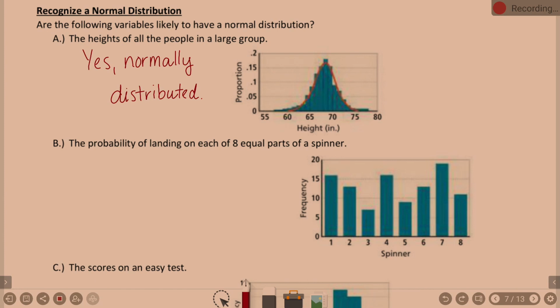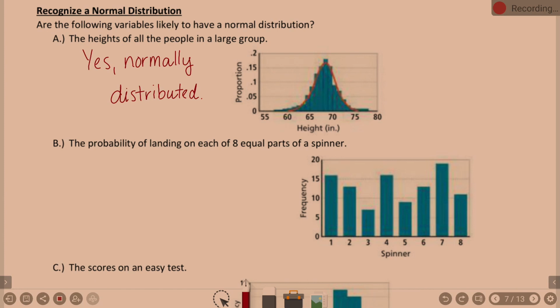Okay, B gives us a graph, and it's the probability of landing on each of 8 equal parts of a spinner. Is this likely to be normally distributed? No. Why not? It's just all probability.